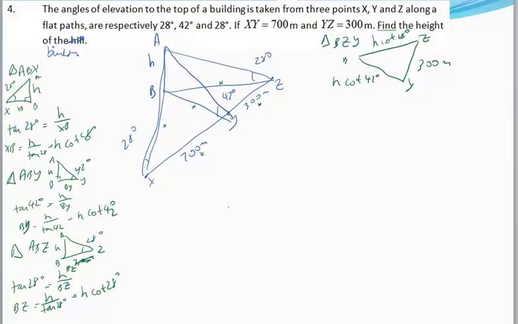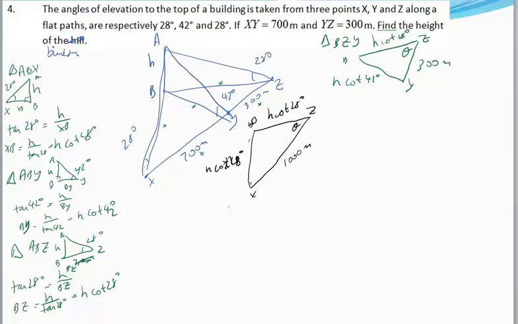In this triangle, we're going to find this angle theta, and then we look at the next triangle, working in black now, with B, Z and X. This is still the same angle theta, and we know this length is 1000 meters, and this is H cot 28 degrees, and BX is H cot 28 degrees.